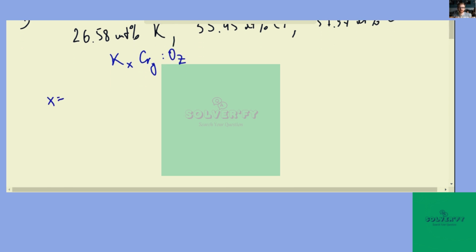So X equals the molecular weight of... let's do the following. Let's express the weight percentage of potassium in this compound.